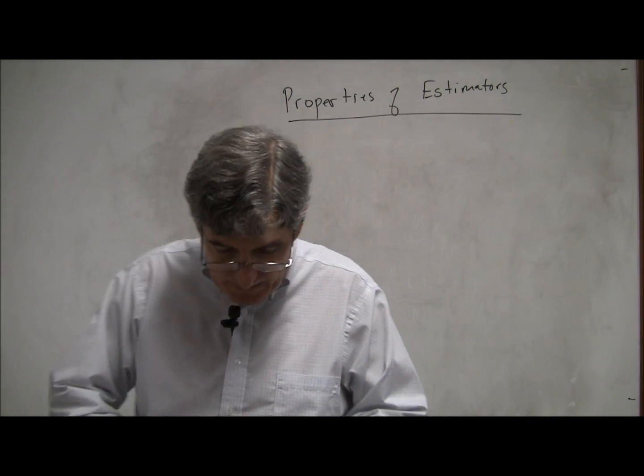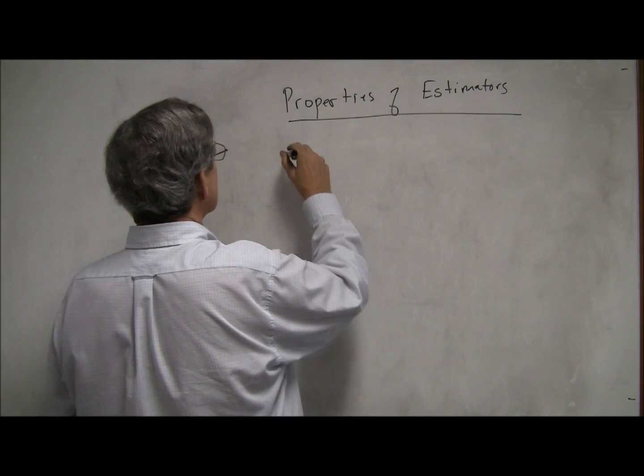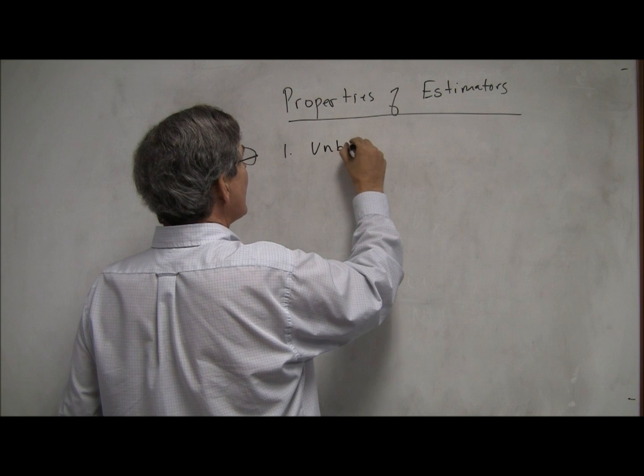But anyway, what are some desirable properties of those estimators? The first one is a property called unbiasedness. Lack of bias.